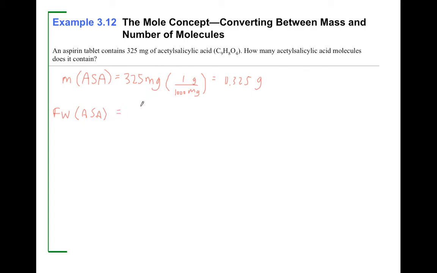So the formula weight is going to be, I'm going to get lost if I don't organize some stuff here. It looks like it's 9 times carbon plus 8 times hydrogen plus 4 times oxygen. Okay? Can you see how I'm getting that? That's probably the magic of this whole section.